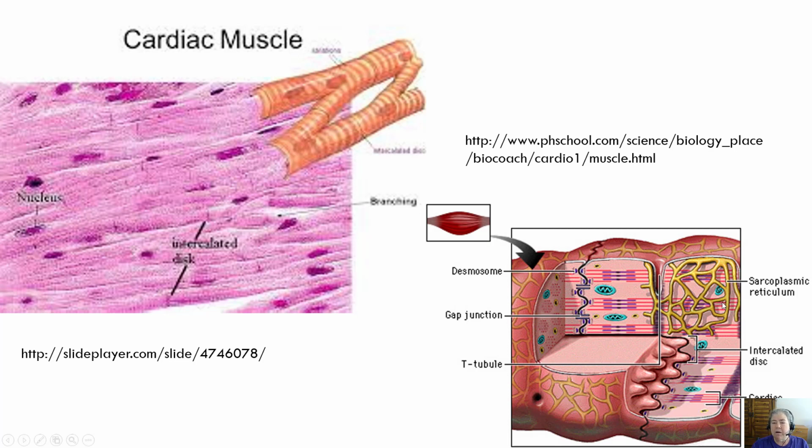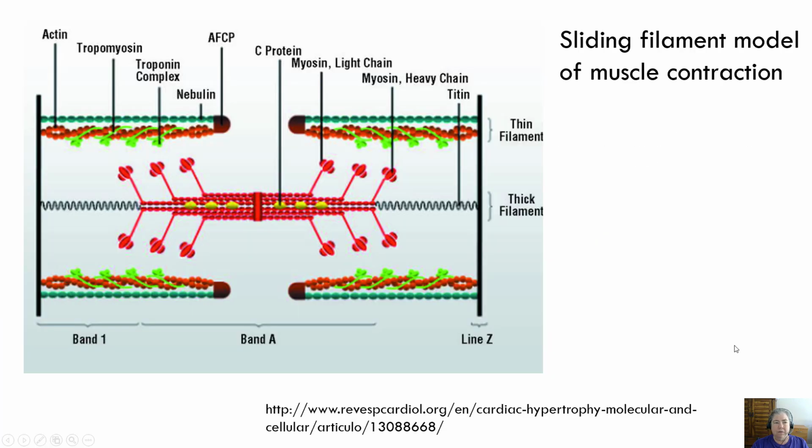And a big part of the function of sarcoplasmic reticulum is to collect calcium ions, and then there are voltage-gated calcium ion channels that allow the release of calcium ions when there's an action potential. And it's calcium interacting with these actin and myosin fibers, the cardiac myofibrils, that create the contraction of the muscle.